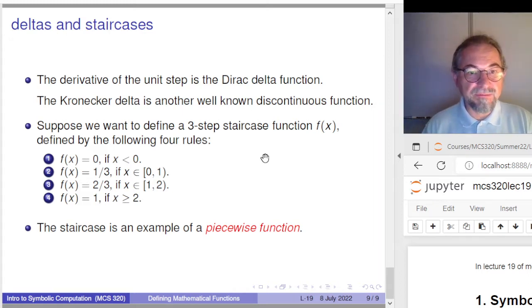We can define piecewise functions either by combining the unit step, or there's also the piecewise construction that allows us to define discontinuous functions where the pieces can be continuous.